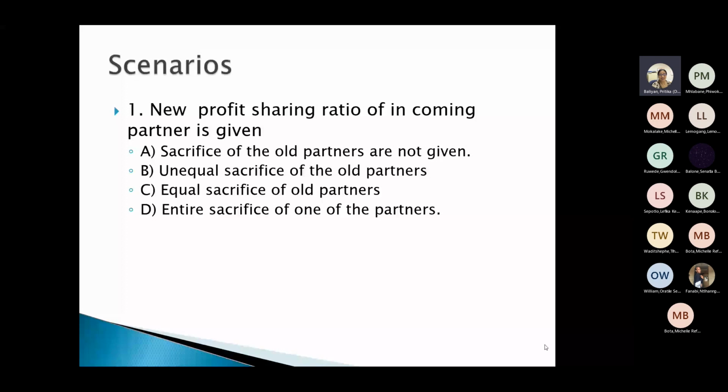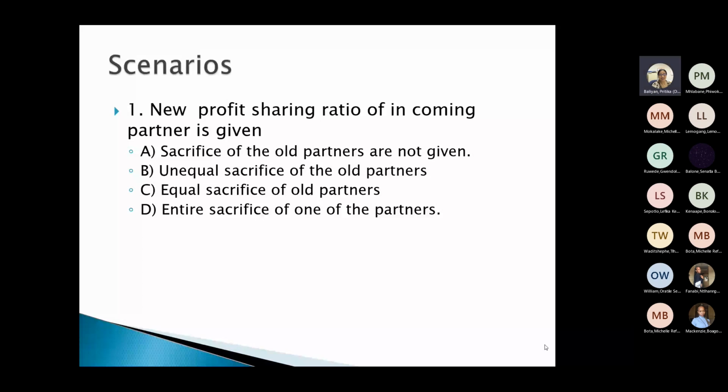Sometimes you are not told how much the old partners sacrifice when the new partner joins. The second condition is when the amount of sacrifice is unequal. It's not necessary that all partners sacrifice the same ratio, percentage or amount.